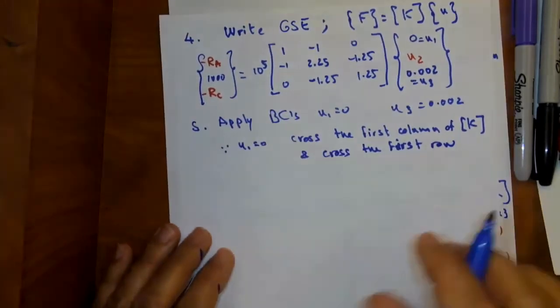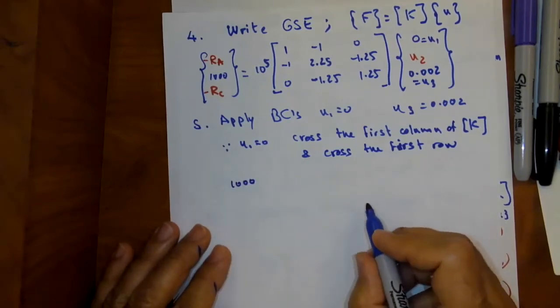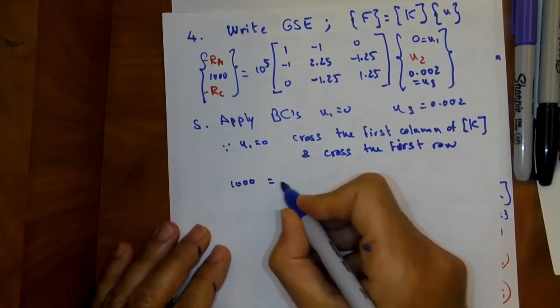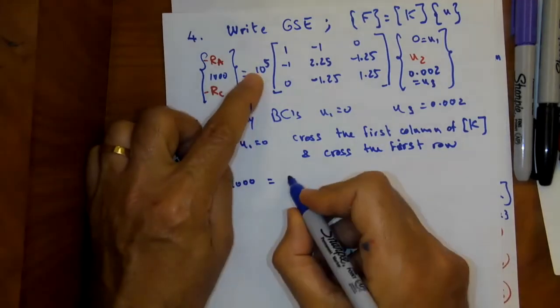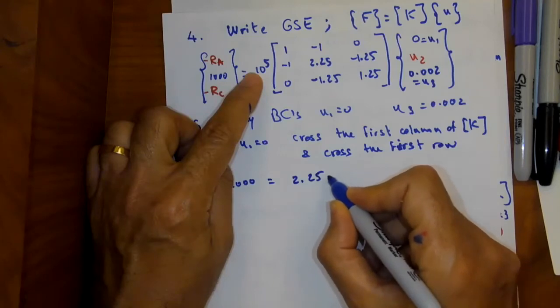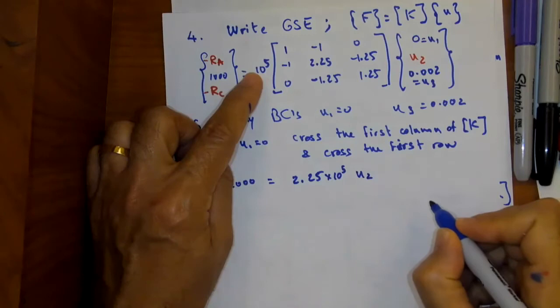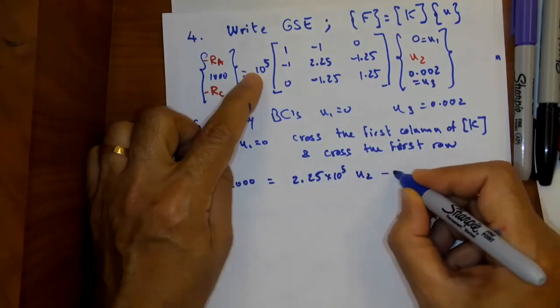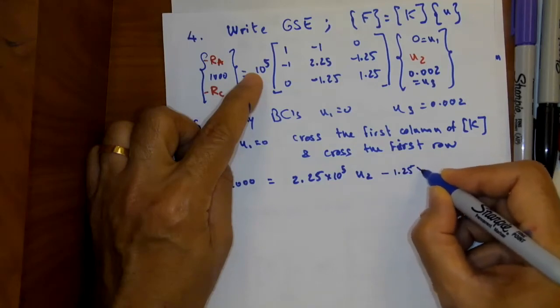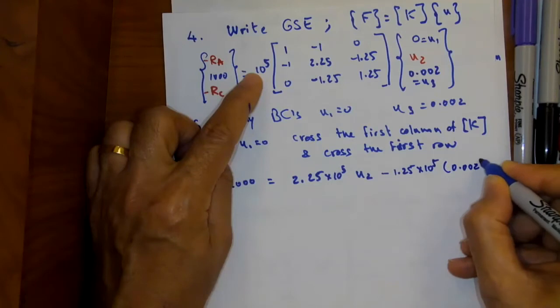So if I do that, I end up with 1000 is equal to 2.25 times 10 to the 5 U2 minus 1.25 times 10 to the power 5 multiplied by 0.002.